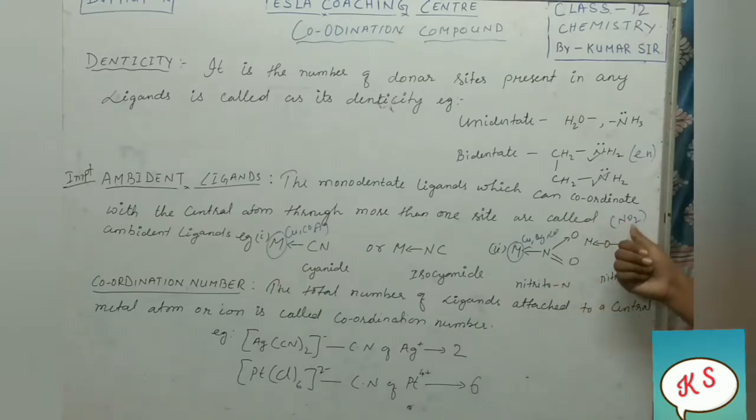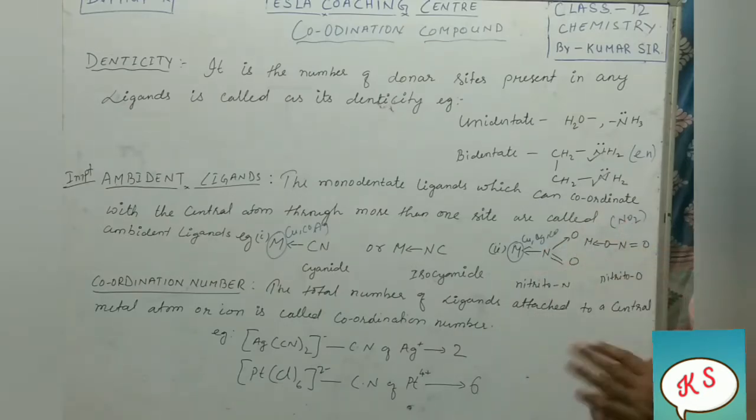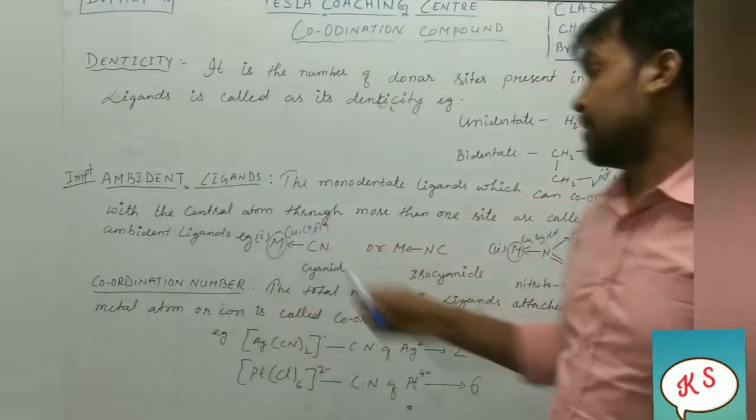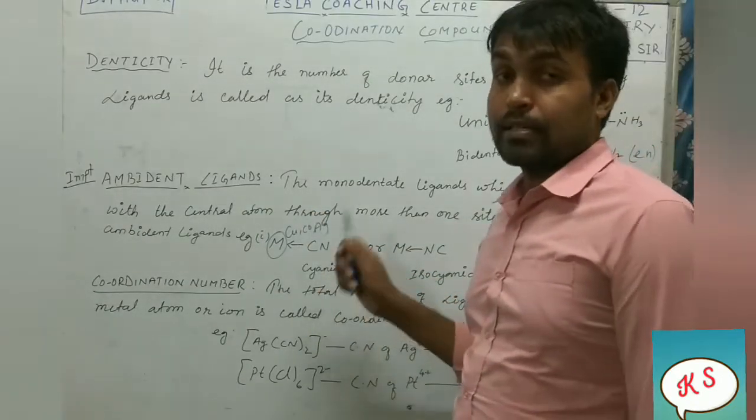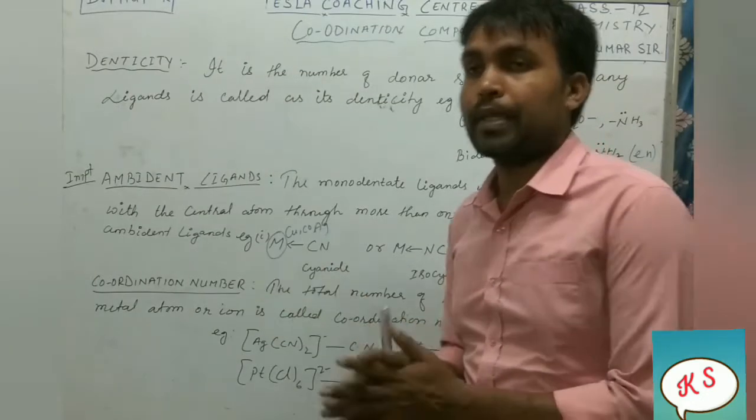So NO2 is an example of an ambidentate ligand. So is the case with CN. CN is also an example of ambidentate ligands.